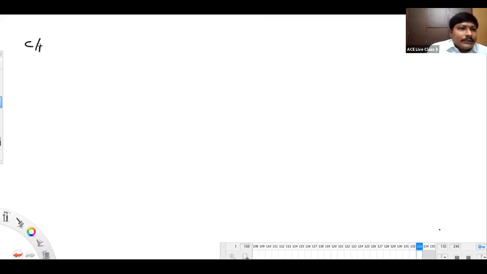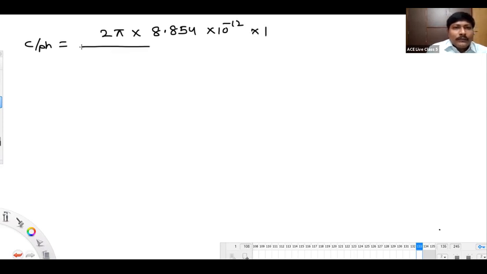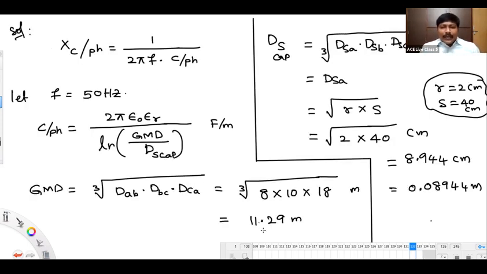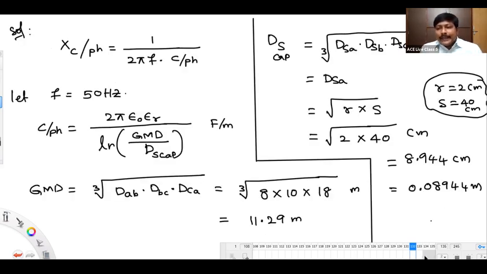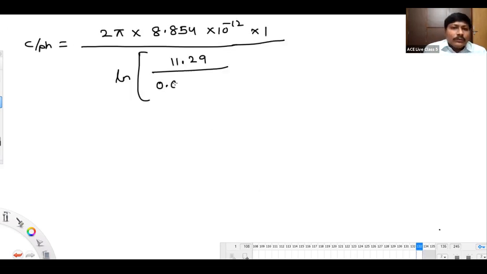Capacitance per phase per meter is 2 pi epsilon naught, 8.854 into 10 power minus 12, epsilon r 1, by the natural logarithm of GMD by Ds. GMD is 11.29 and Ds is 0.08944, and it's in farad per meter. Please get this number.